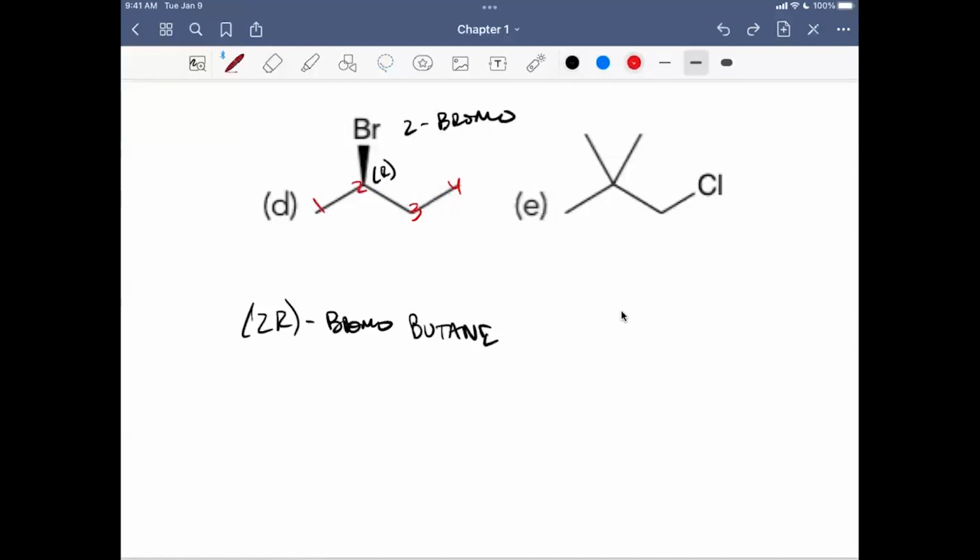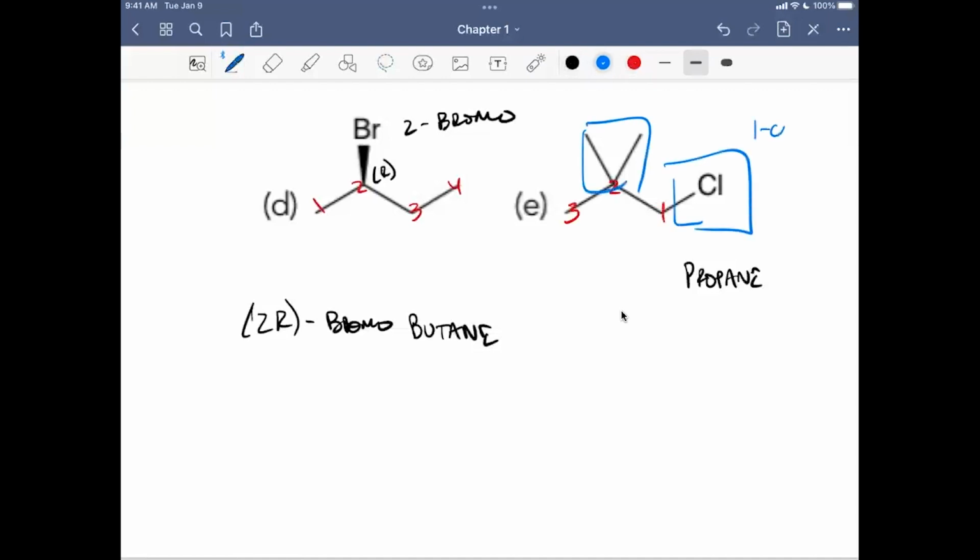Our next one right here, we have 1, 2, 3. And again, for this one, it all stays the same. You could do 1, 2, 3 if that makes more sense. So we have another propane as our parent. And you actually want to number it the other way, because then we would have our lowest number substituent on 1. So for this compound, again, what are our substituents?